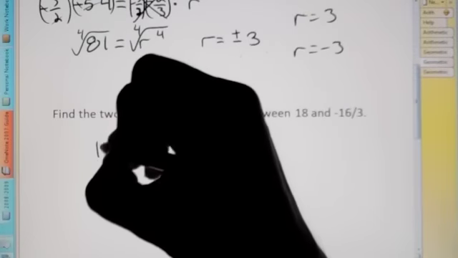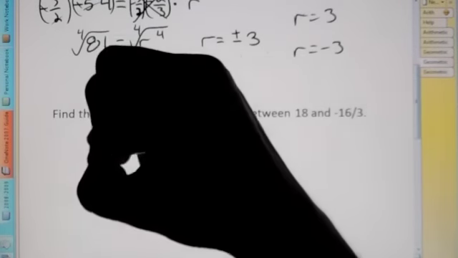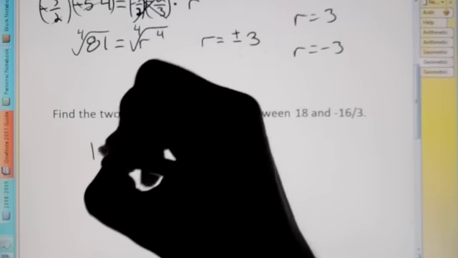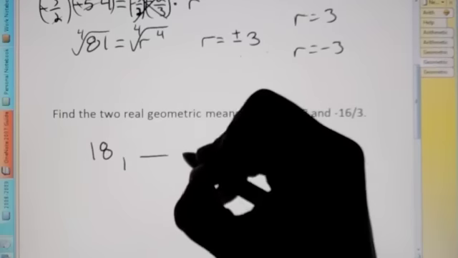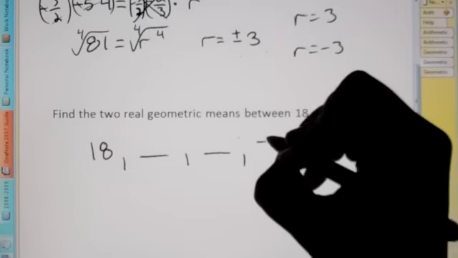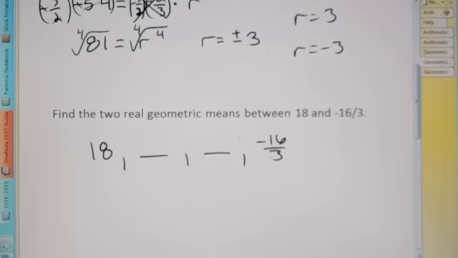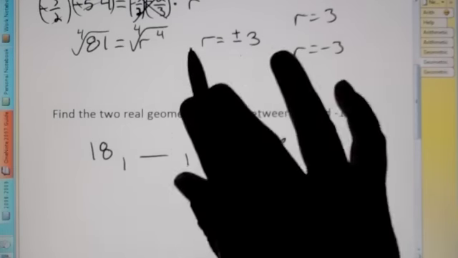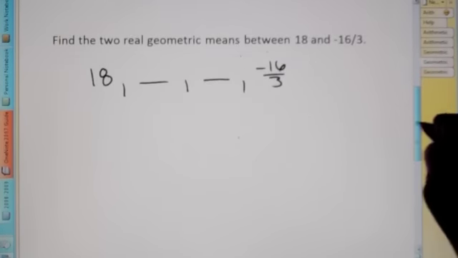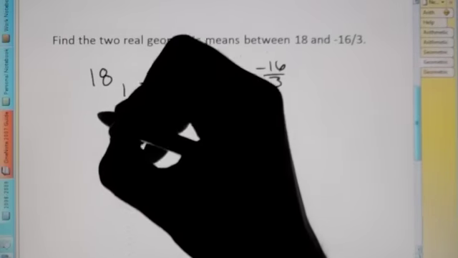Let me just start that over. 2 geometric means, so 1, 2, and then negative 16/3. We're going to handle this exactly how we did the last problem, but you're going to notice our answer is going to be a little different.